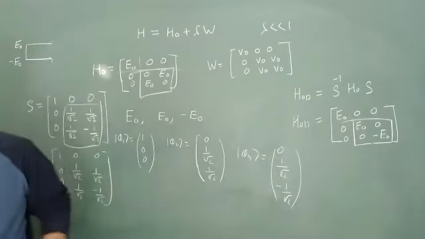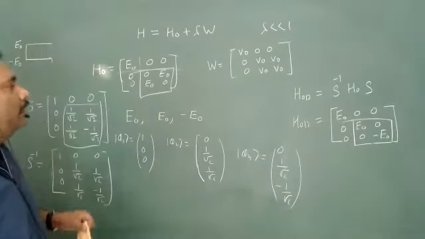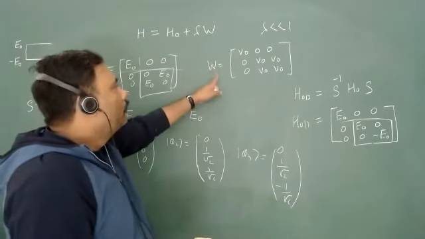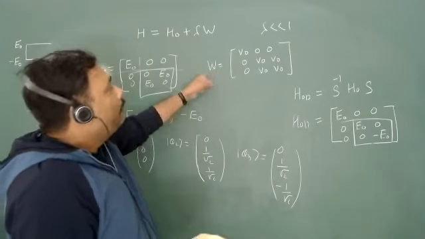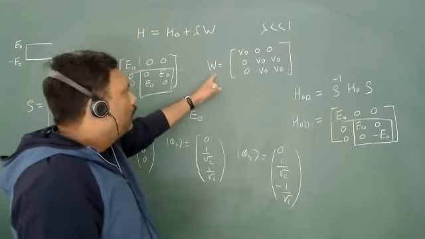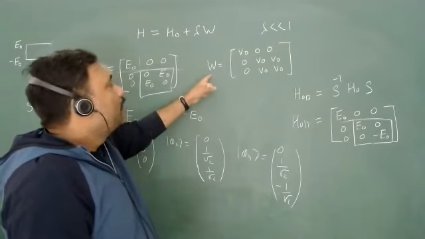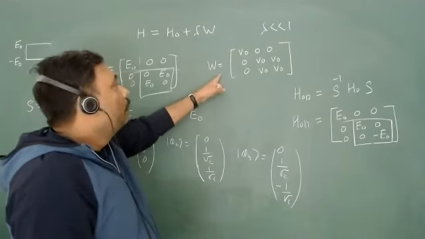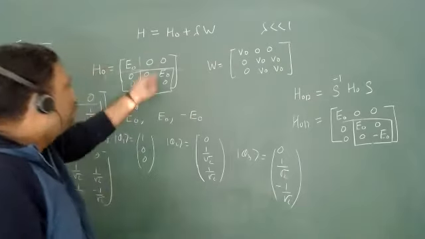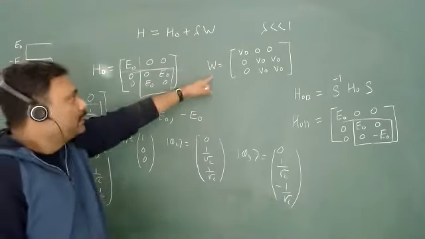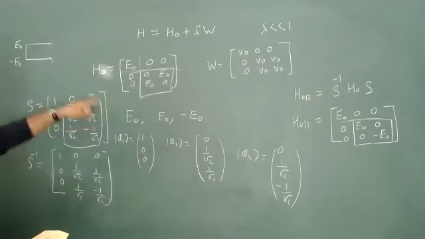Now, what will be the next task? The next task is that I have to write W, or I have to find W dash. And what is W dash? W dash is the matrix W written in a basis in which H naught is diagonalized. So I have to write W dash in a basis in which H naught is diagonalized.